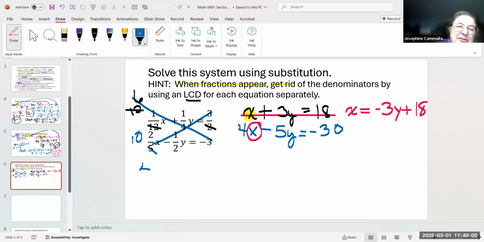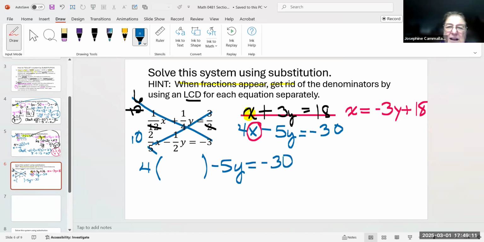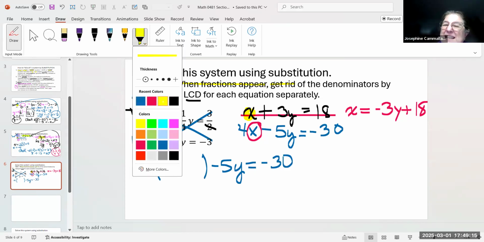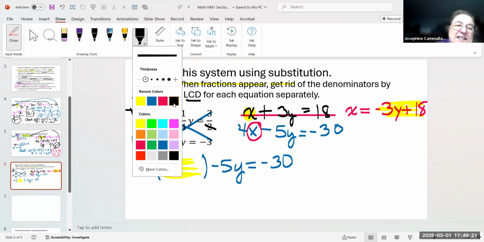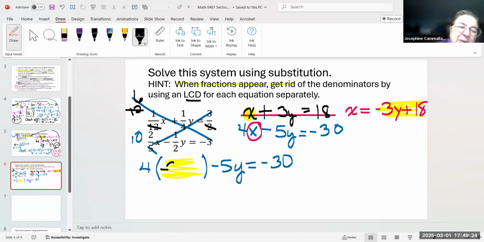I have 4 parentheses minus 5y is equal to negative 30. Well, what am I going to put inside that parentheses? Right here. That goes right here, which is a negative 3y plus 18.